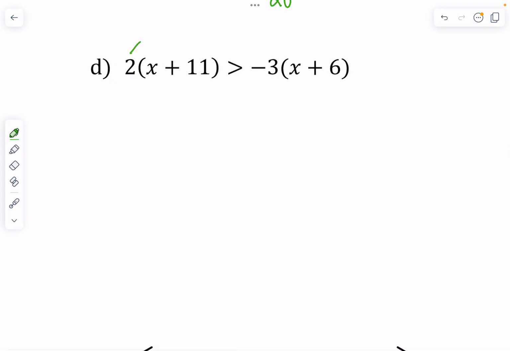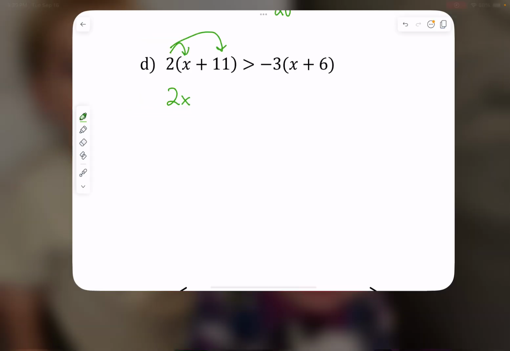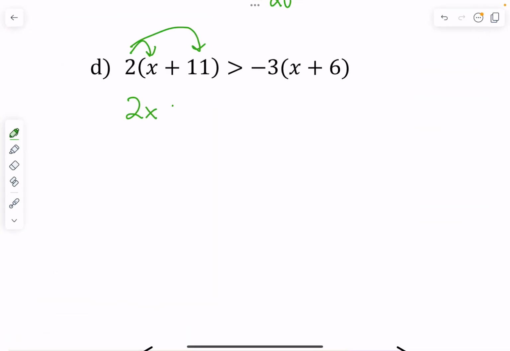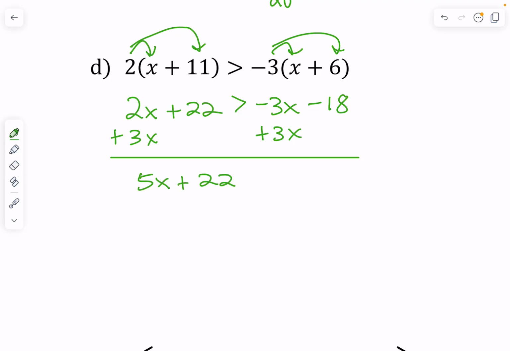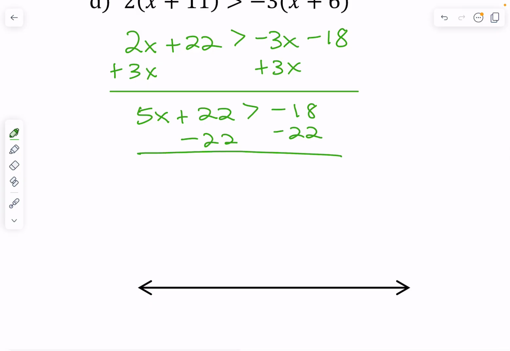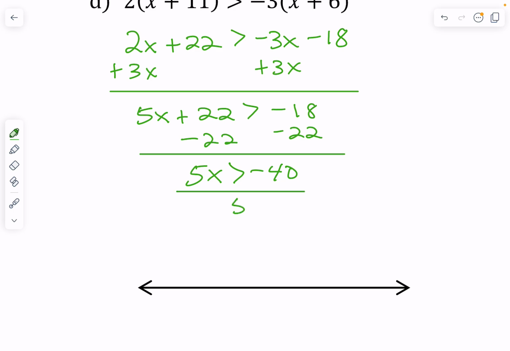For D, there's distribution on both sides. Now I need to move variables to one side. Remove my constant. Remove my coefficient by division.